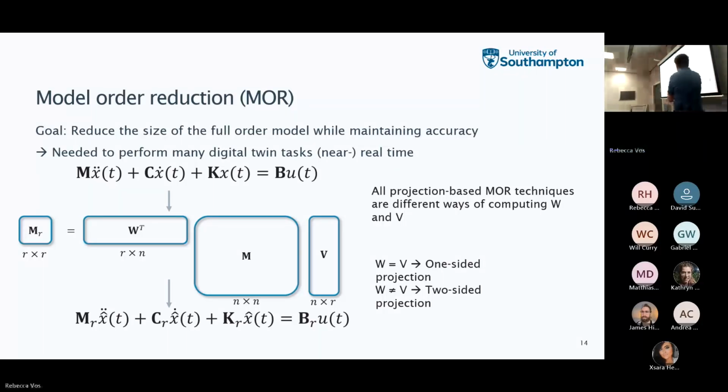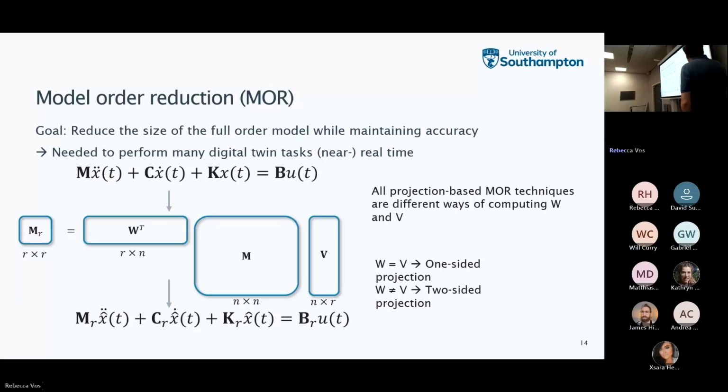And what you do with reduced order modeling is you try to find two matrices, W and V. What these matrices do is they pre-multiply this big matrix with W, and you post-multiply it with V. The idea is that you end up with a very small matrix M_R that hopefully still has the accuracy of the full matrices.